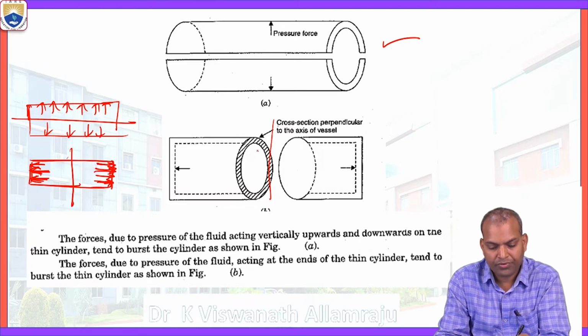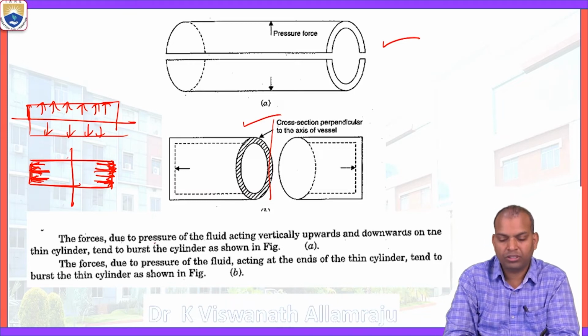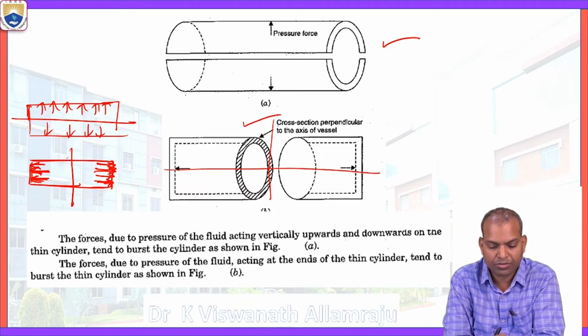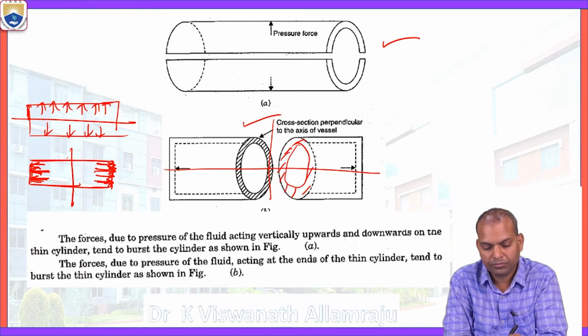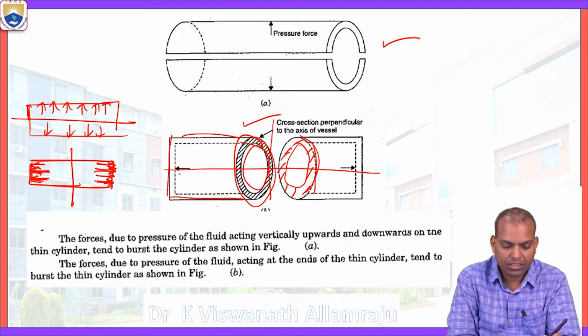This is the cross section perpendicular to the axis of the vessel. This is the longitudinal axis perpendicular to it. In the shell it will be in this manner. So these are the two failures.